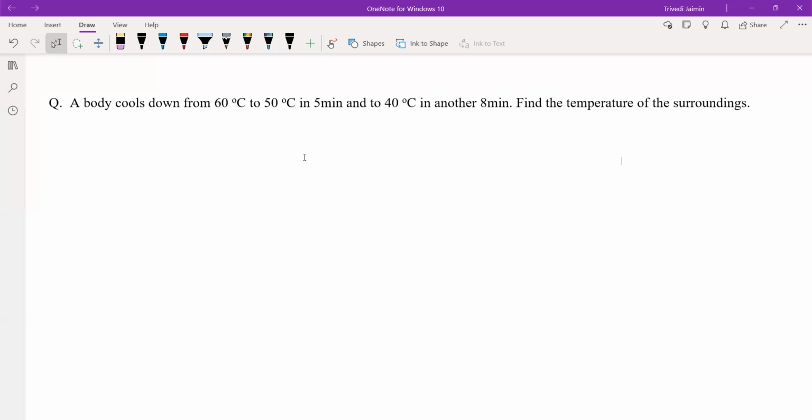Means here 50 to 40 is 8 minutes. Sorry? 60 to 50 means 5 minutes. 50 to 40 is 8 minutes, sir. Yes. We need to find out that subtracting temperature. We have 30, right? For the previous question, here it will be something similar.